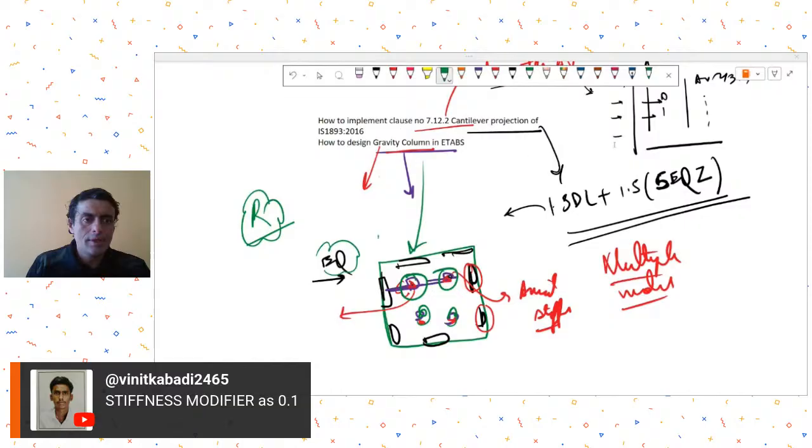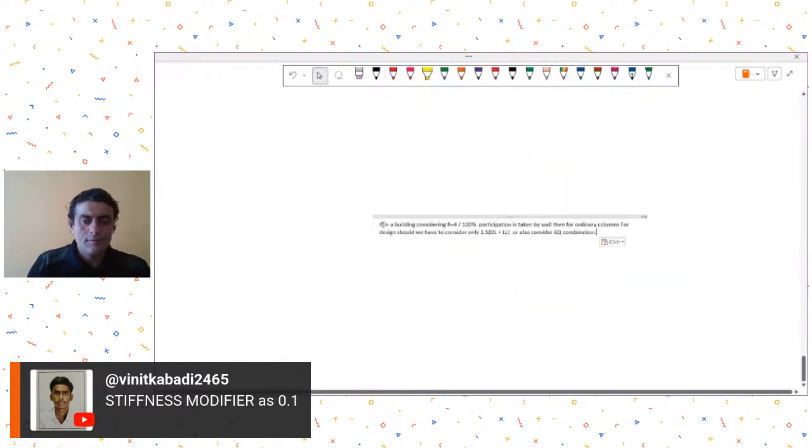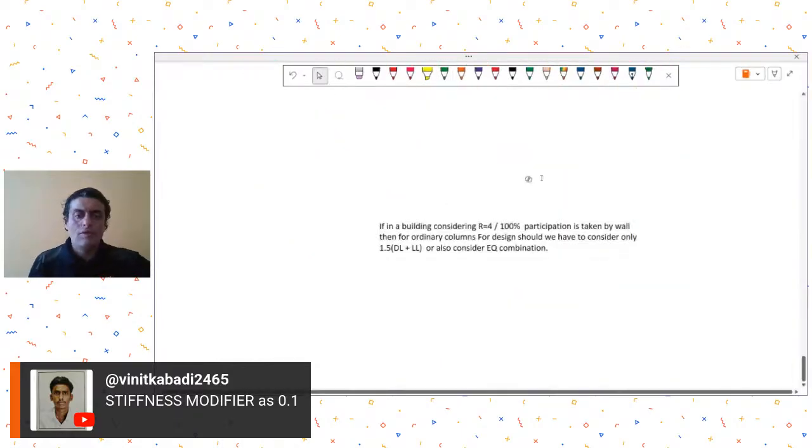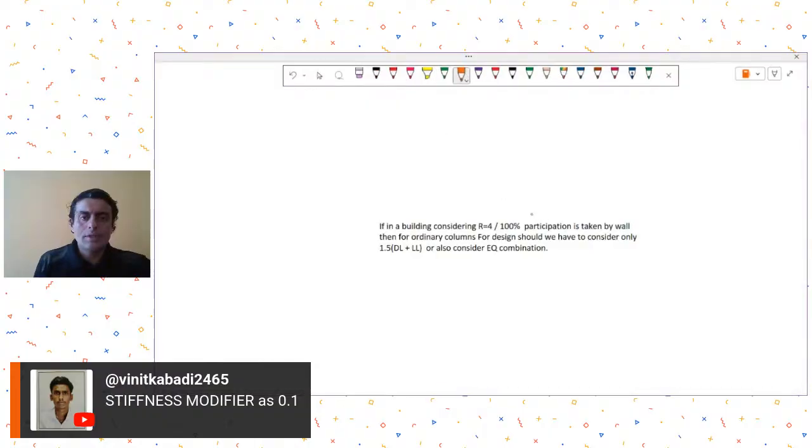He is saying, if in a building considering R equal to 4, 100% participation is taken by walls, then for ordinary columns for design, should we consider only this or also consider EQ combinations?